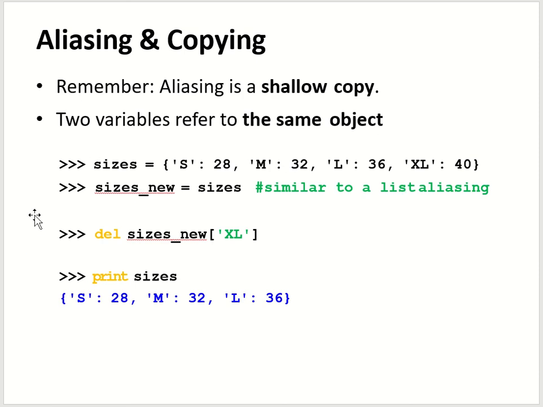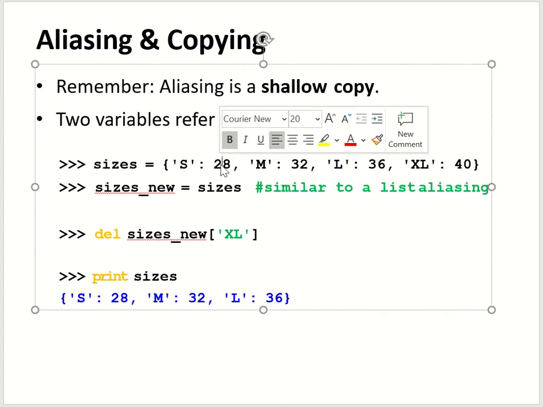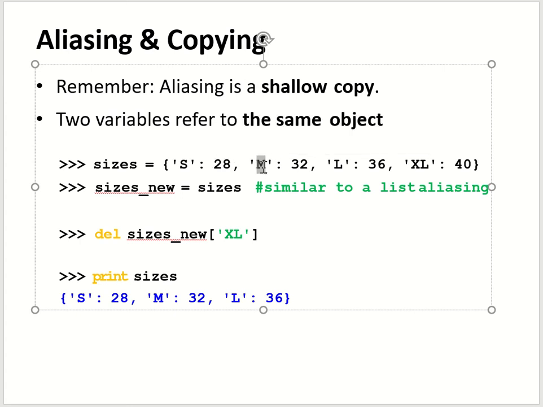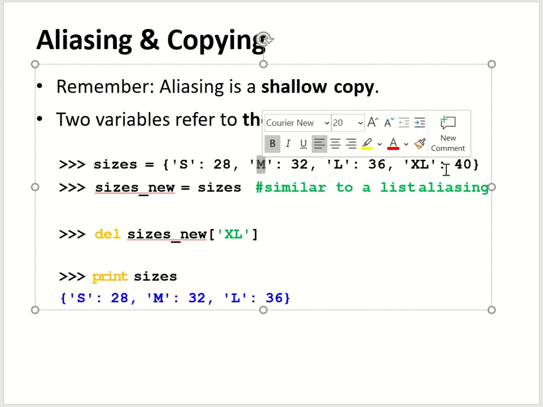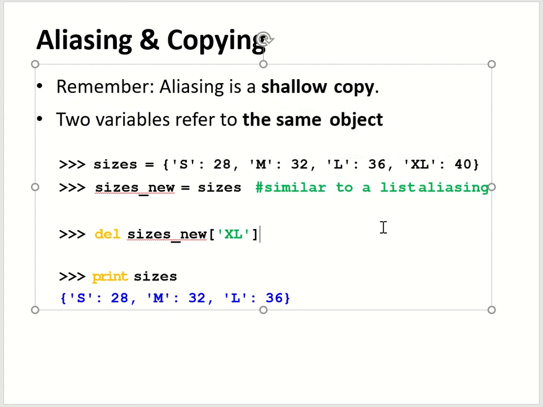As we saw with lists, if you're going to try to copy dictionaries, be aware of the difference between shallow and deep copying. So here we might have a dictionary sizes. S for small is 28, maybe like a chest size or a pant waist size. M would be 32, L 36, XL 40.